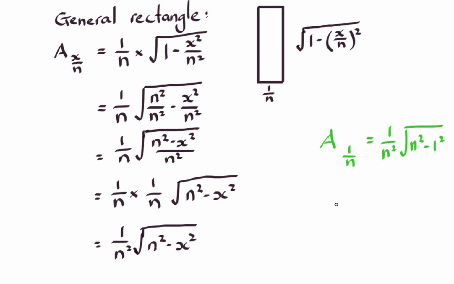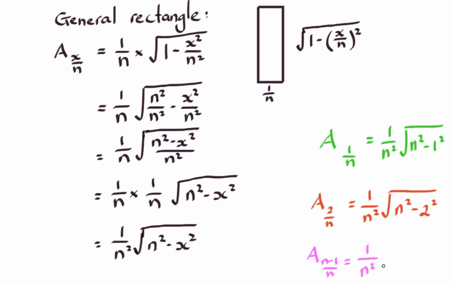And if we look at the next rectangle, where we have 2 on n as our x value, well, same thing. We're just going to end up with 1 on n squared right out the front, then our square root sign, n squared minus whatever our x value is, which now is 2 squared. And so on. This is going to continue all the way until we get to that last value, which was n minus 1 on n. And so this was the last one that we saw in that big sum.